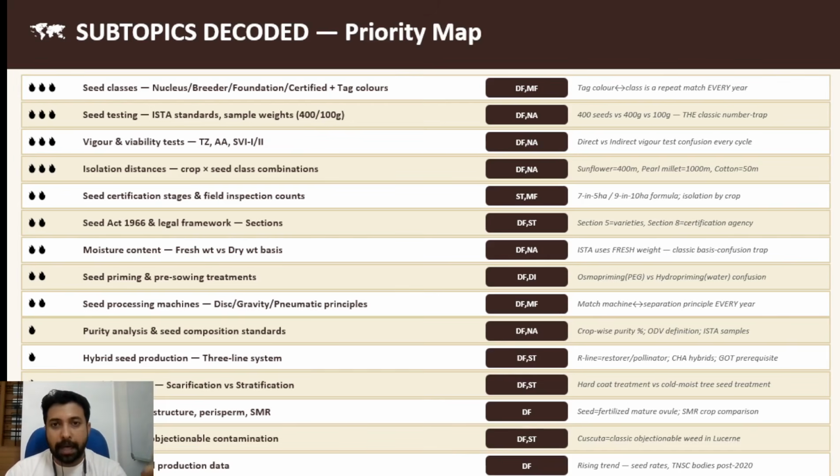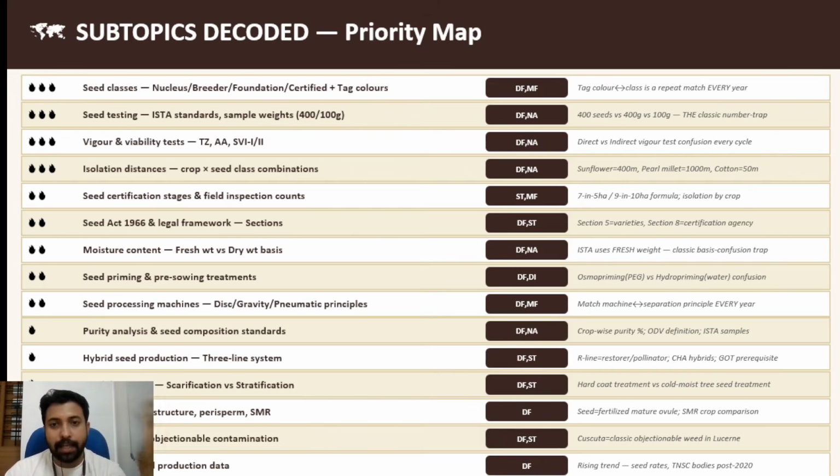You may have done practicals in your lab, like the Tetrazolium test, with the color changing to red, and other vigour tests. Viability and vigour tests are very important. Then, as I told before, isolation distances are very important. For example, cotton has an isolation distance of 50 meters, while sunflower has around 400 meters.